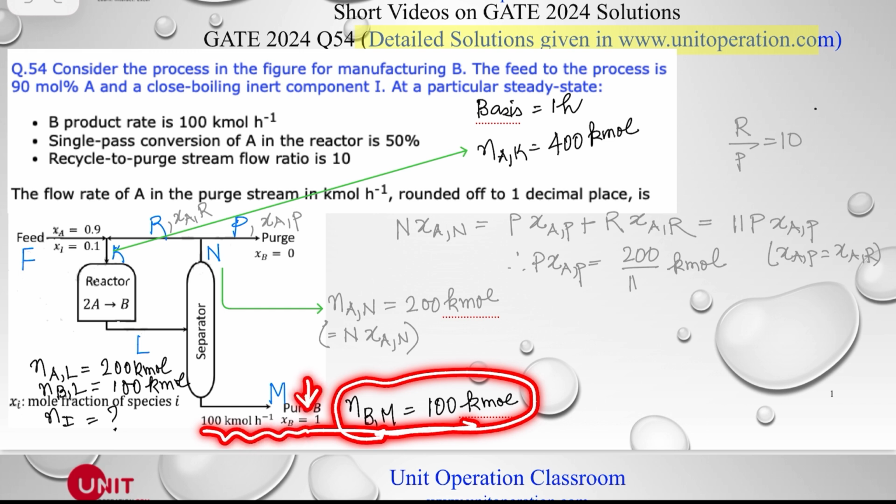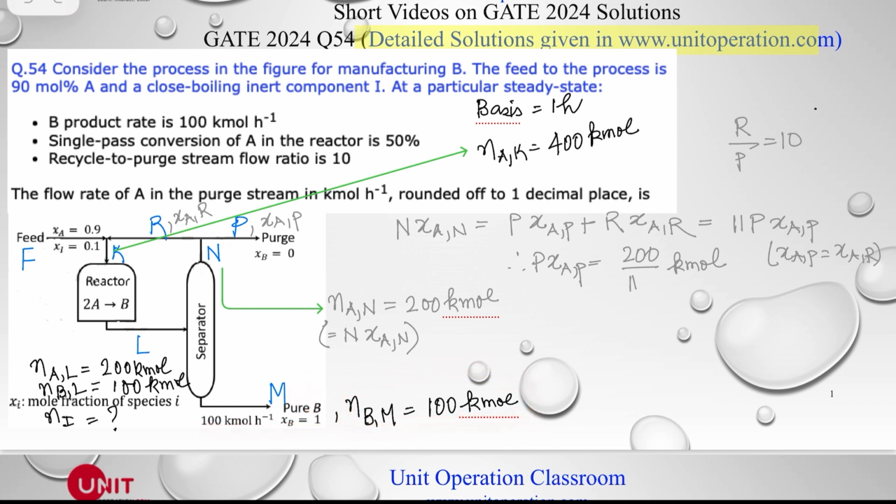It's pure B. Now this B must have come from the reactor outlet stream. So the amount of B in this stream is 100 kilomole. From the reaction stoichiometry, for producing 100 kilomole of B, 200 kilomole of A must have been consumed. So consumed is 200 kilomole of A.